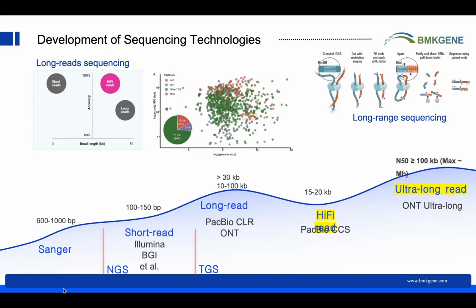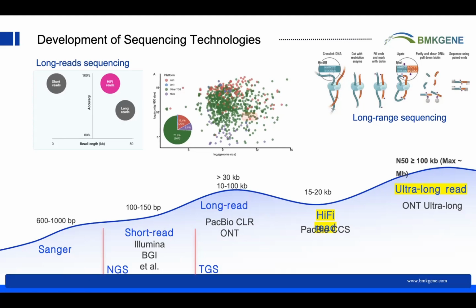But yes, it's very low output. After that, the technology developed into high throughput sequencing, which is short read sequencing. The standard platforms are the sequencers from Illumina and BGI.